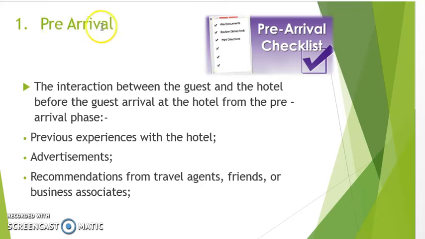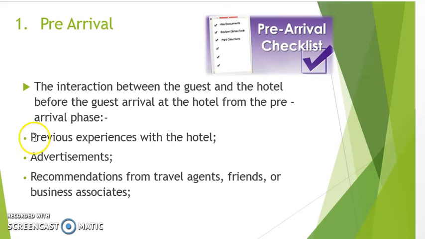The first one is the pre-arrival. What is this? This is the interaction between the guest and the hotel before the guest arrives at the hotel. Now, from where can we prefer any hotel in the pre-arrival stage?